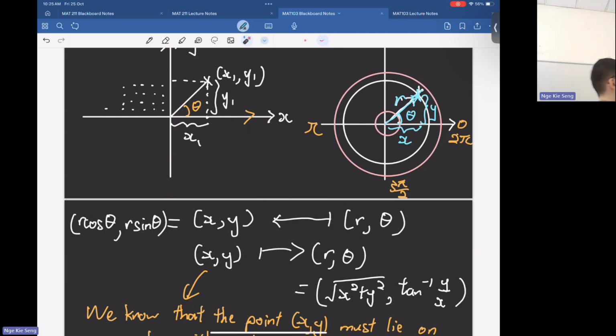What happens if my x is 0? You can immediately see that it is either pi over 2, or if you go downward, 3 pi over 2. So this formula might not work when x is 0, but you still can see it from the x.